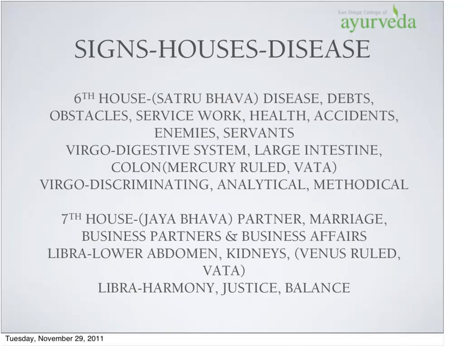And Libra is ruled by the planet Venus, which, Parashara says, is Vata and Kapha in nature. Libra deals with the lower abdomen and the kidneys.